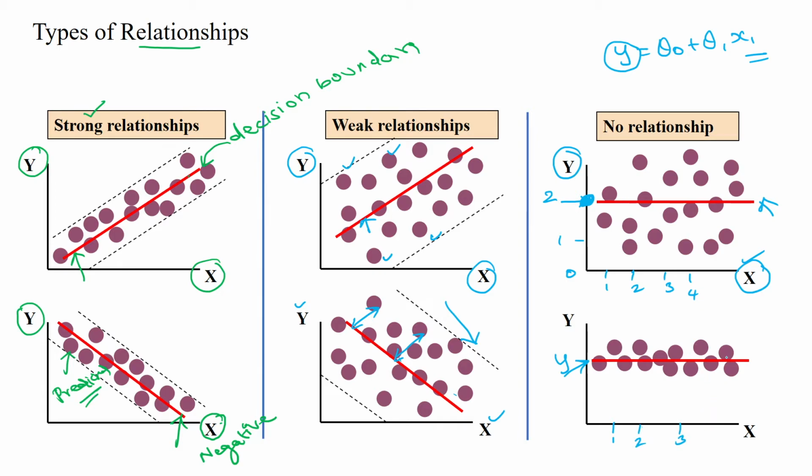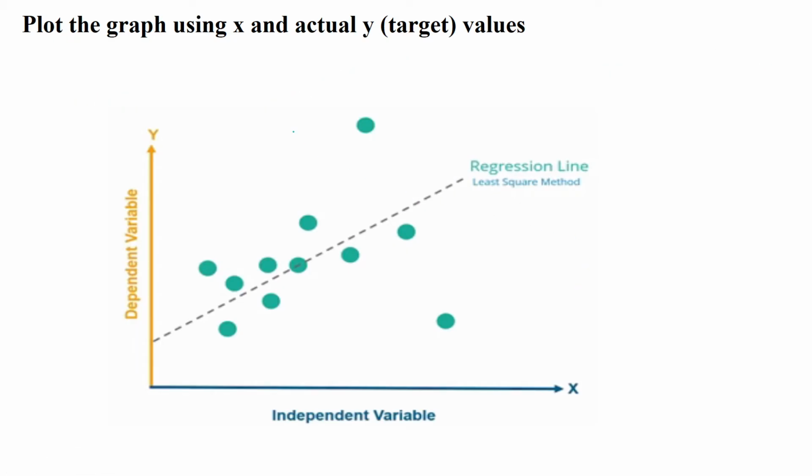So there is no relationship between x and y. In linear regression, the dependent variable should change whenever you vary the x value, but here there is no change in the dependent variable y.